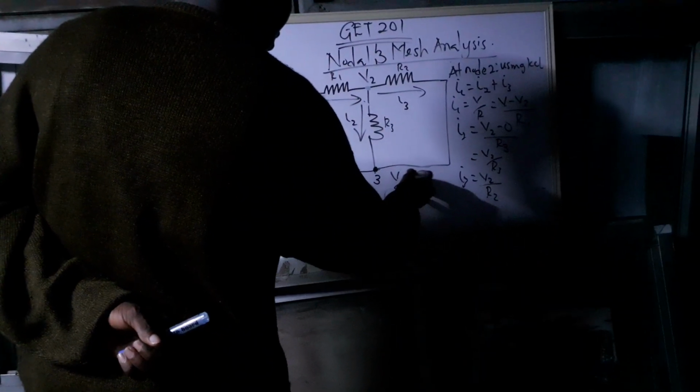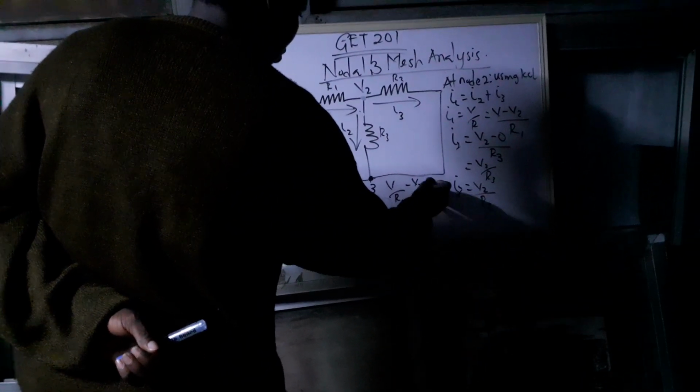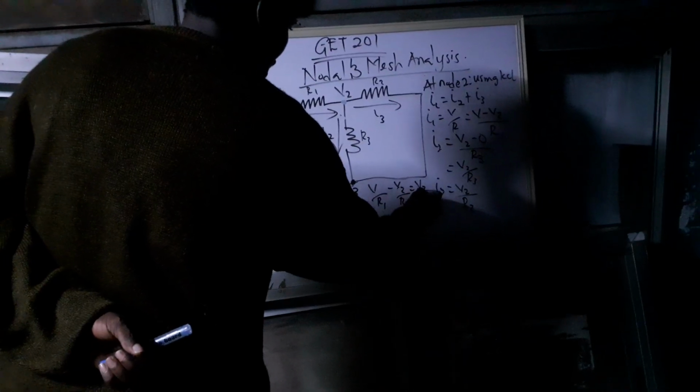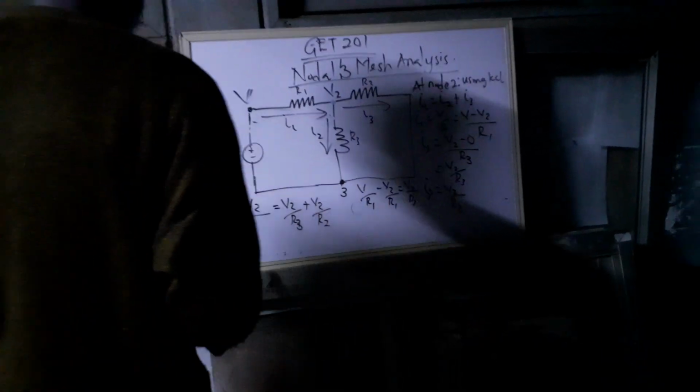If we separate this, we have V over R1 minus V2 over R1 equals V2 over R3 plus V2 over R2. Let's try and make V2 the subject of the formula. Bring this one in.